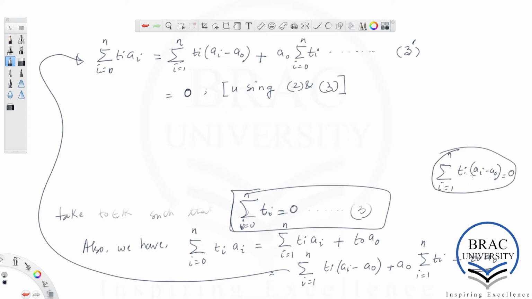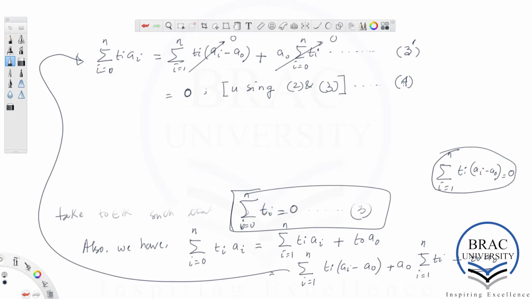So if you plug in this expression here, this goes away. So does this, because of equation number 3, and you end up with a 0. And that's equation number 4. Okay, good.